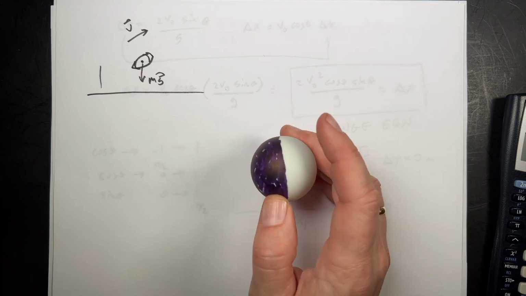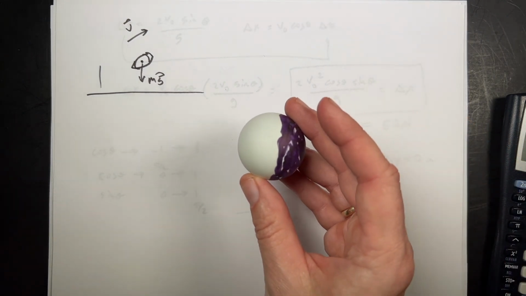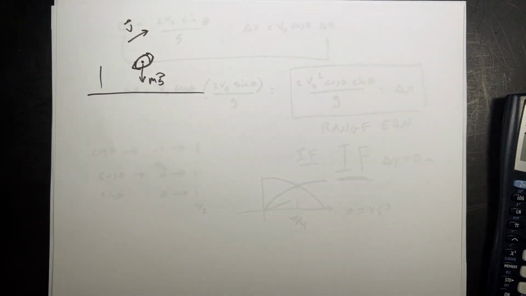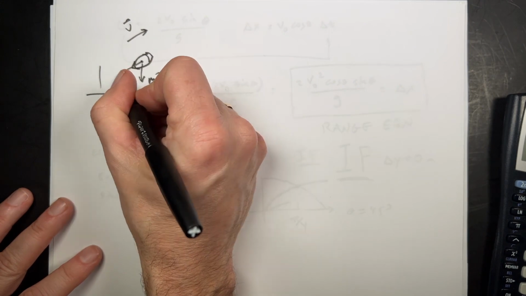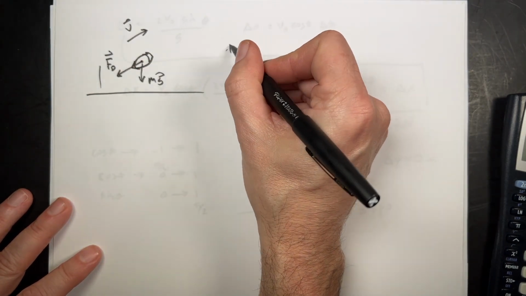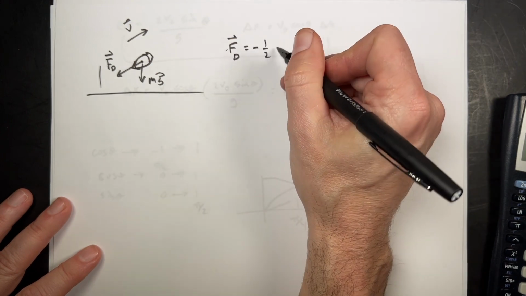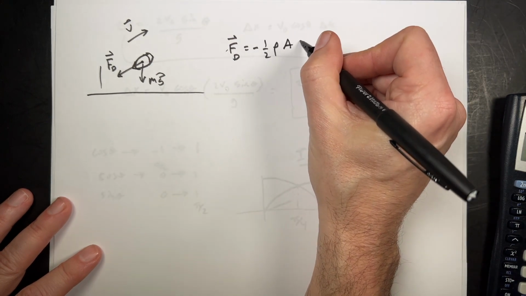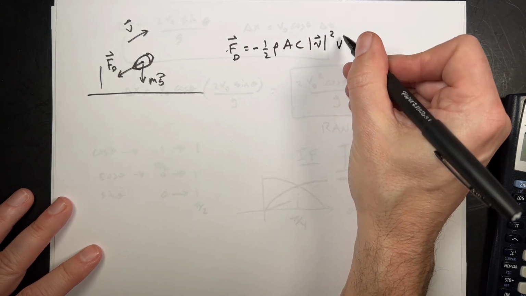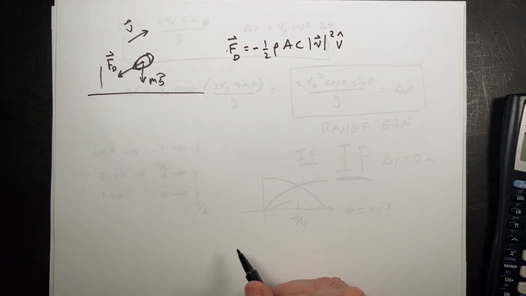There is a backwards pushing drag force, and we can model this drag force as the following. I'll call it FD for drag, and FD is -1/2 rho A C magnitude of V squared V hat. And that's the drag force.